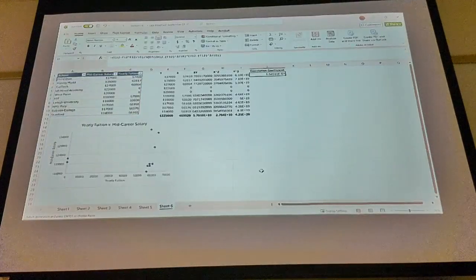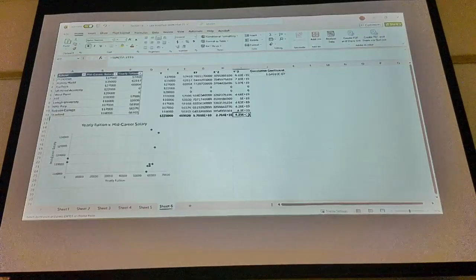So G12 minus E12 times F12 all over 10, divided by the square root of H12, which is the squares, minus F12 squared, times the square root of 10 times Y squared minus, so unless these are wrong. No, it was all right.